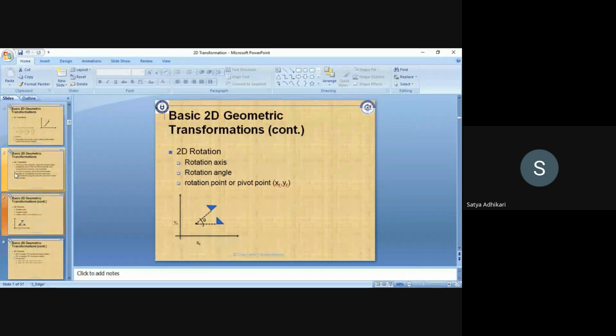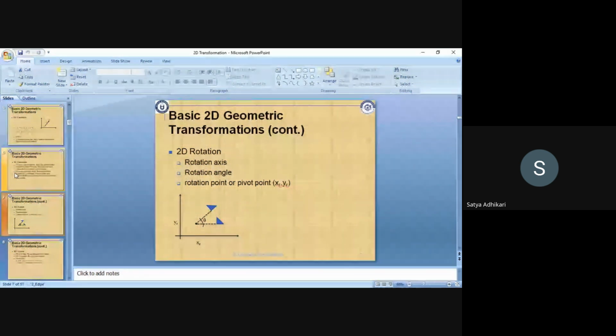The second one is rotation. Translation is only used to move the object from one location to another location. But 2D rotation rotates about an axis, with rotation angle and rotation point or pivot point.